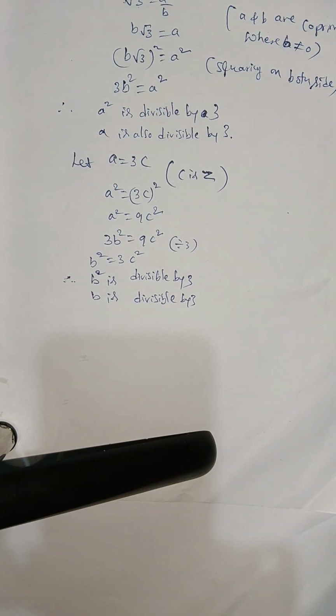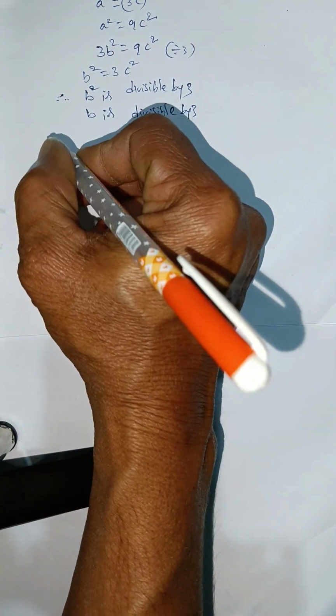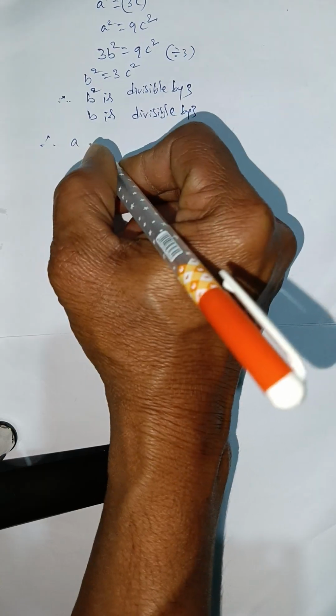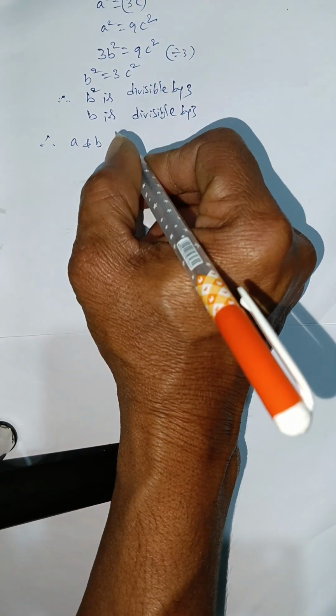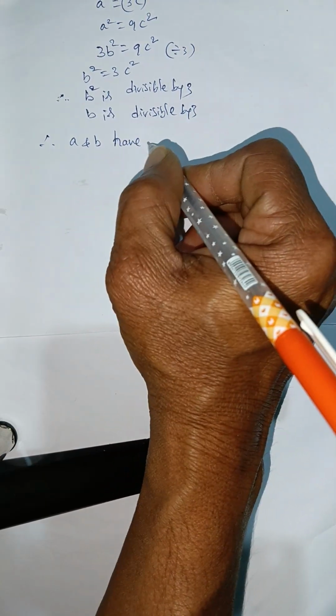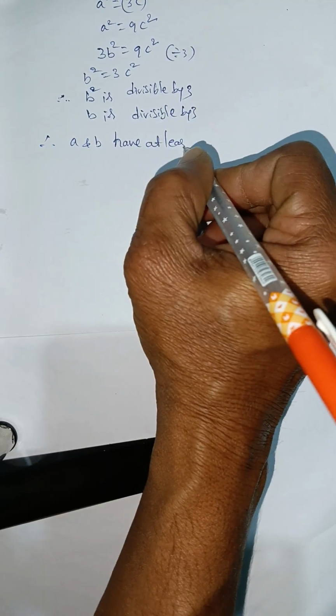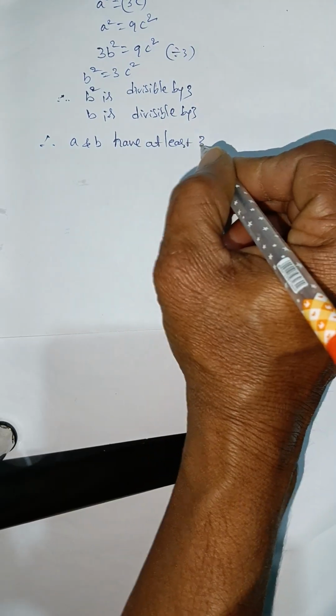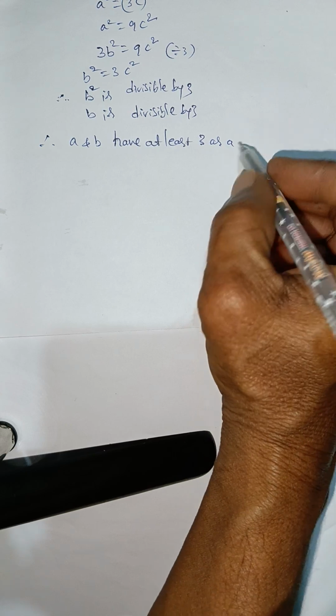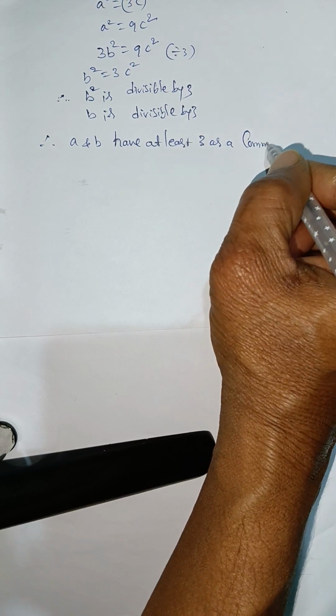Then after, we have to write: therefore a and b have at least 3 as a common factor.